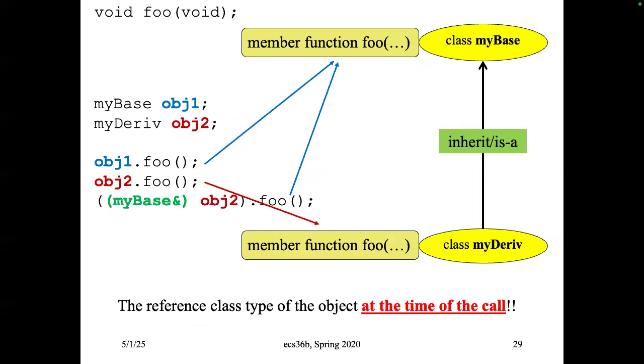So the core question I want you to think about is: what do you mean by calling a function? If you want to call a function, you must know where the entrance point of that function is, right?